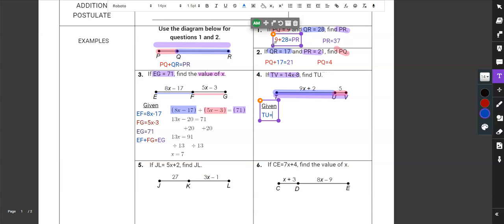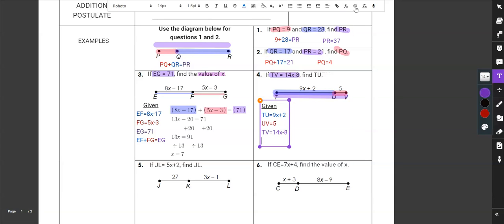UV is going to be equal to 5. And then finally, the full length of the segment, which is TV, is going to be represented by the expression 14x minus 8.